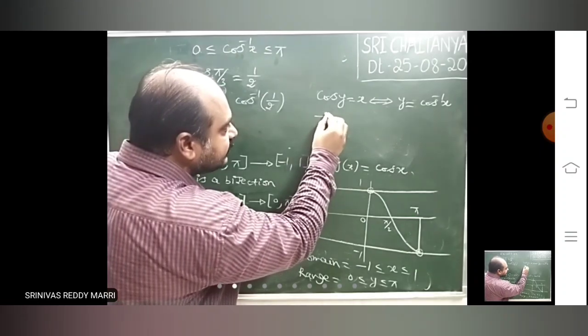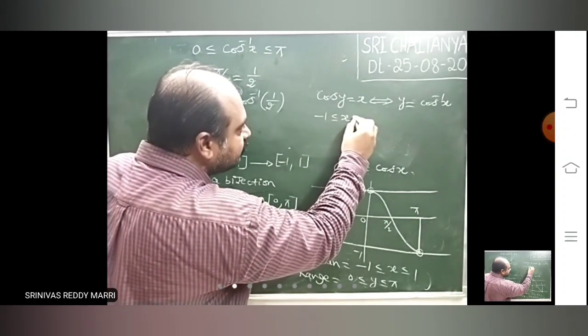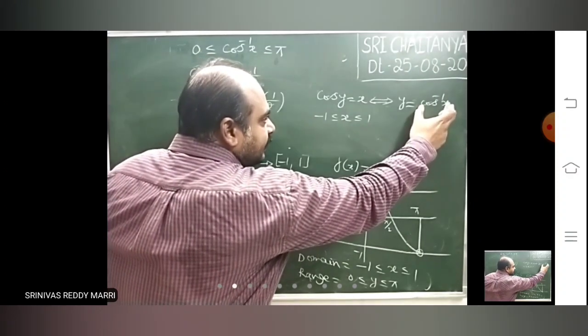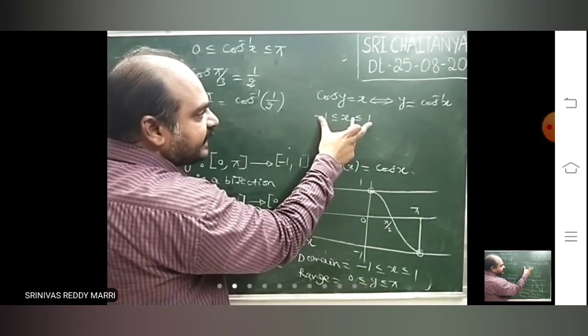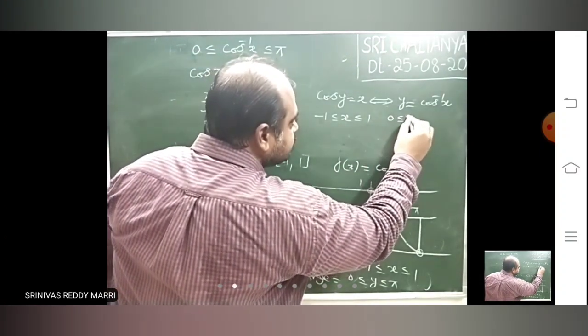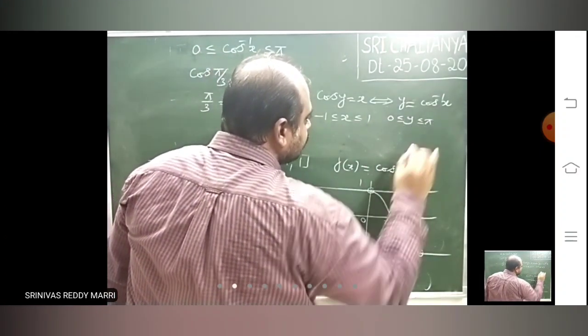Here x must lie in the interval -1 to 1, because this is defined only when x lies between -1 and 1, and the y value must lie between 0 to pi.